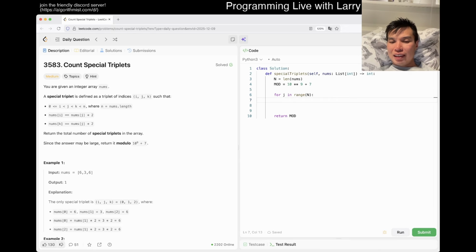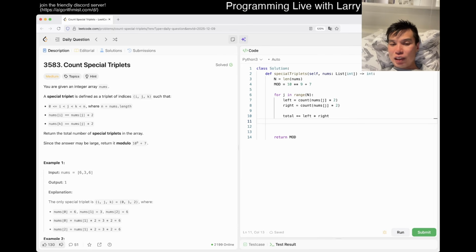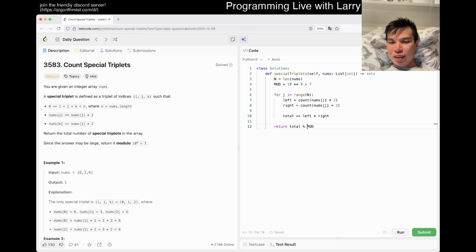So left is equal to something like nums[j] times 2. This isn't real code yet, I'm writing almost pseudocode, but Python looks like pseudocode anyway. And then you have a total, and that should be good if you sum it all up. So that's the structure of what we want to do.